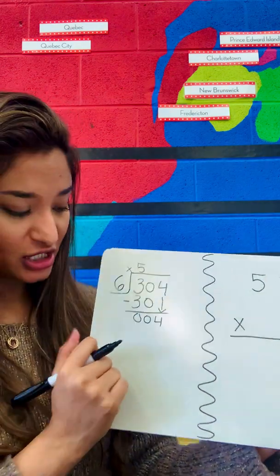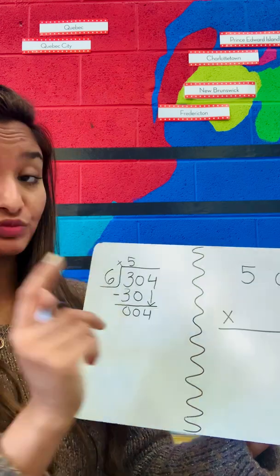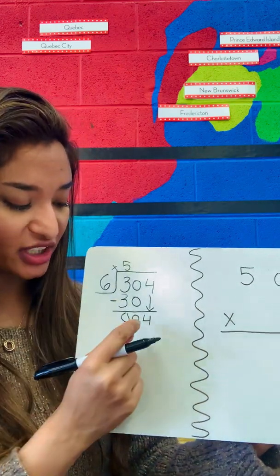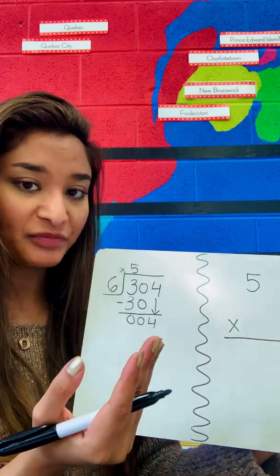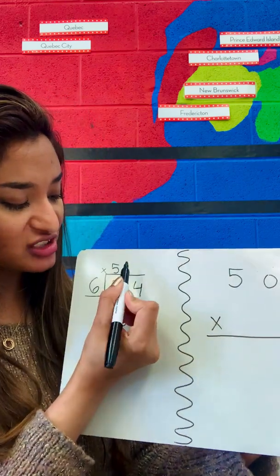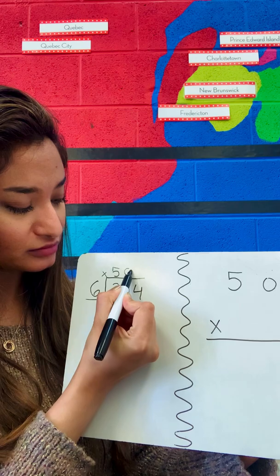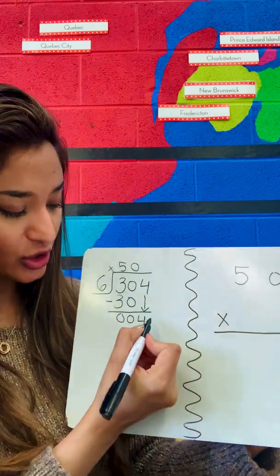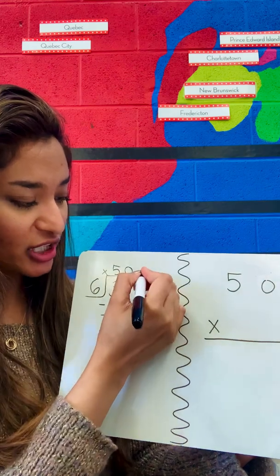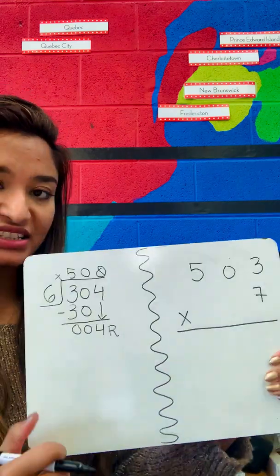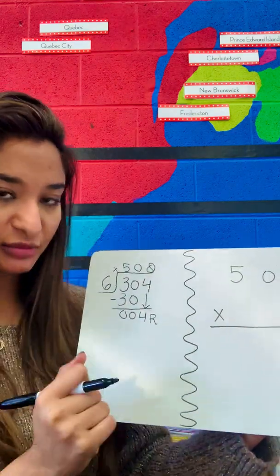It's not. So therefore, I'm forgetting one more important thing. Because I brought down this 4 and I can't do anything with it, what am I going to do? I'm going to put a 0 at the top. Then my remainder is 4 and my quotient is 50. And I'm done my question.